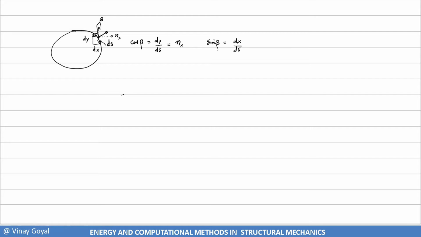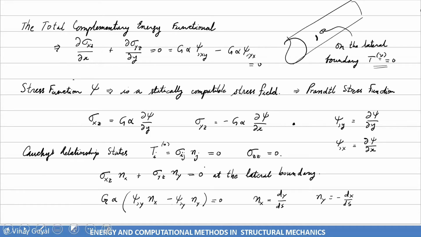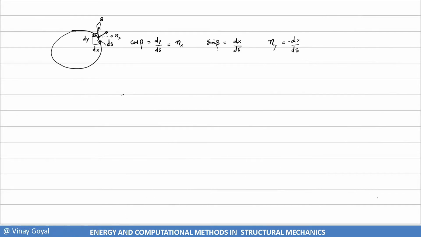And you can quickly verify that ny is minus dx/ds. You can check it. We won't go into the extensive derivation now. I invite you to pause the video and think about it. But this is what I get, and so I could use that information to expand on that traction equality.